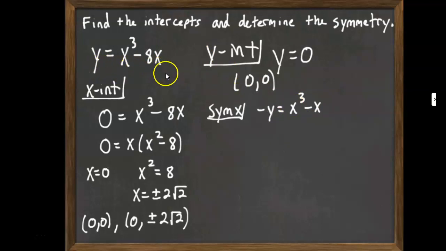Is it equivalent? Well, the y is wrong. If we tried to fix the y by making it positive, that would change both of these terms, and so they would be wrong. And it actually should be minus 8x, not x. That's a typo on my part there.